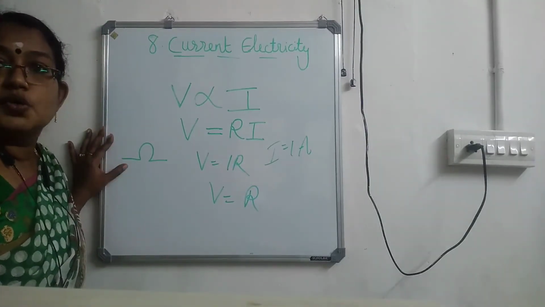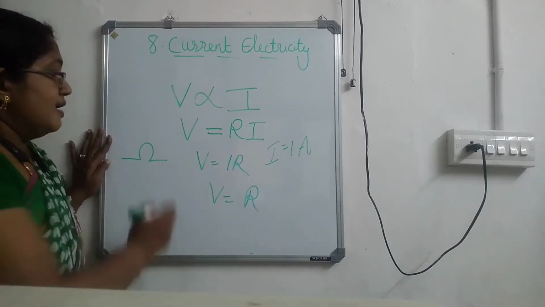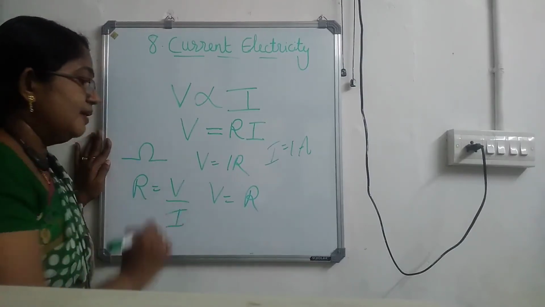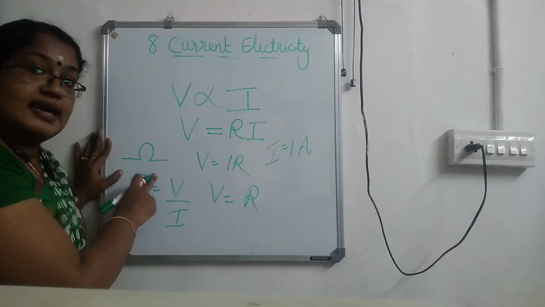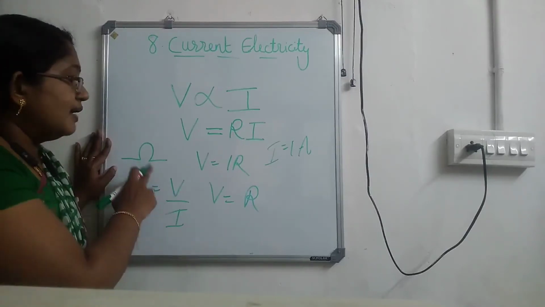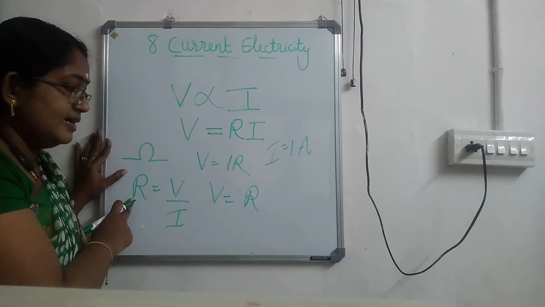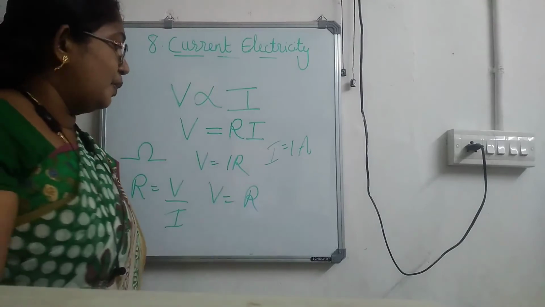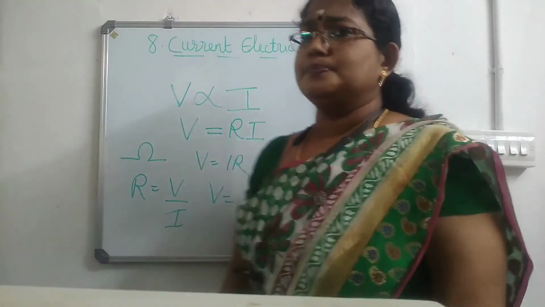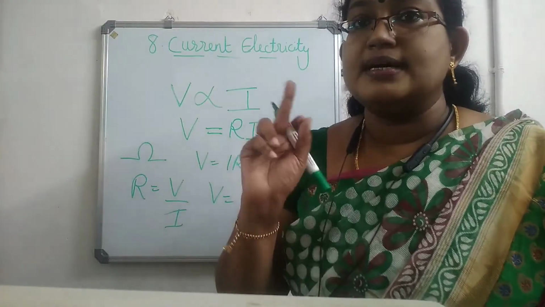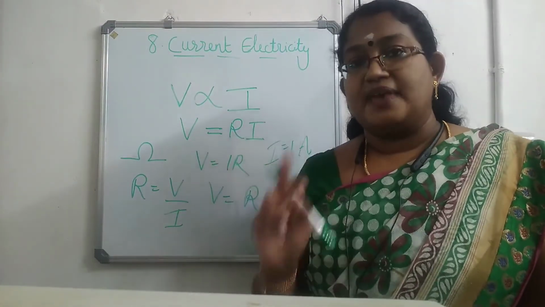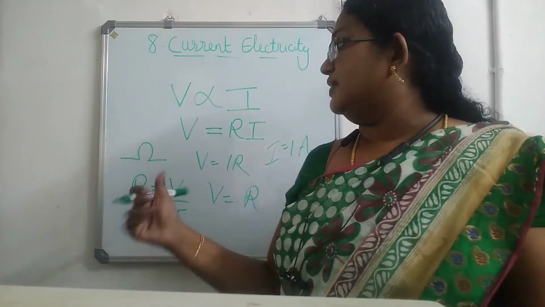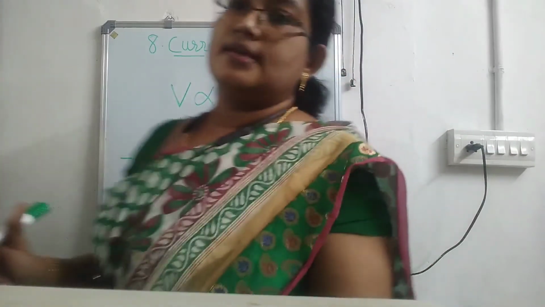If I write this equation as R is equal to V by I, how can I define 1 ohm? 1 ohm is the resistance offered when 1 ampere of current flows through a circuit with potential difference 1 volt. Is it clear, children?